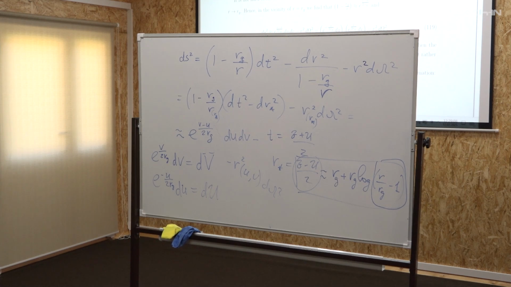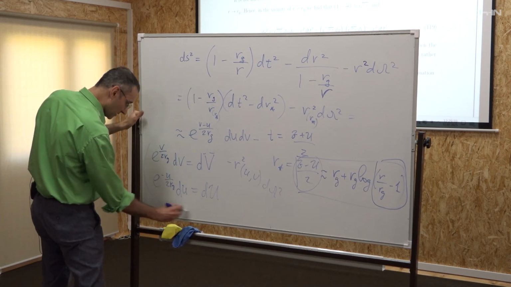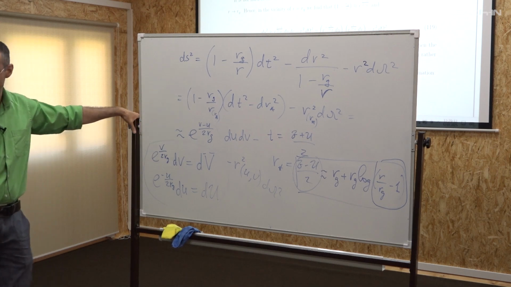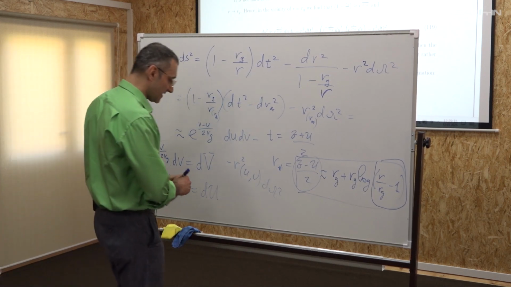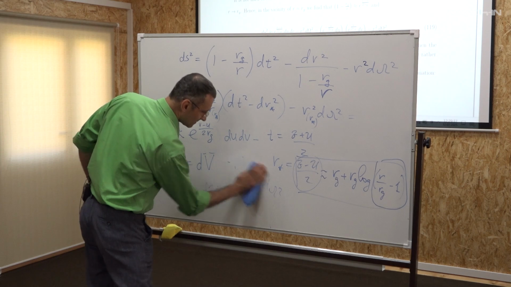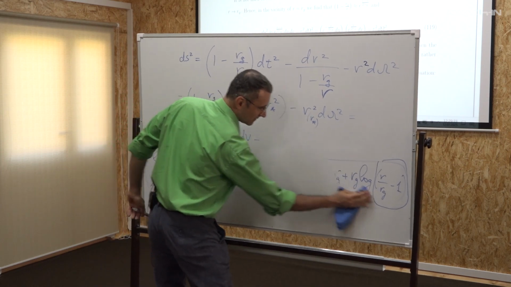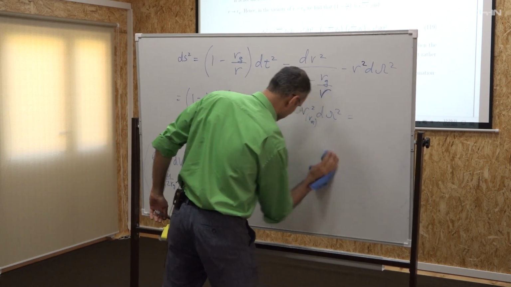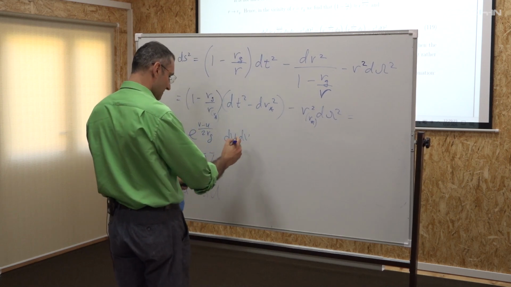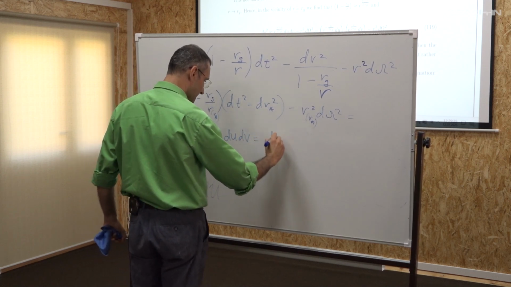You see what I'm doing? Because if I make such a coordinate change in the vicinity of the horizon, this metric becomes very simple. This metric becomes flat.